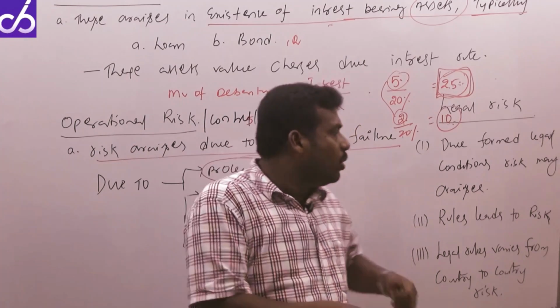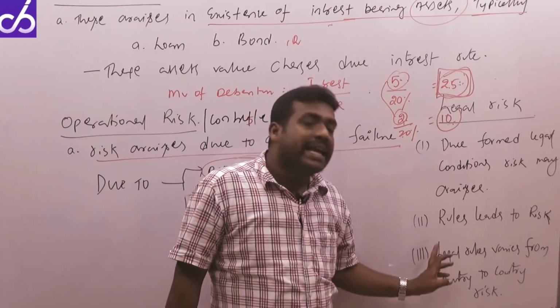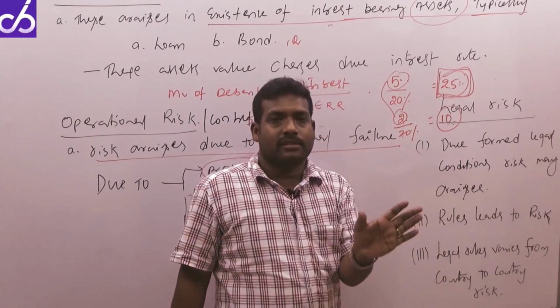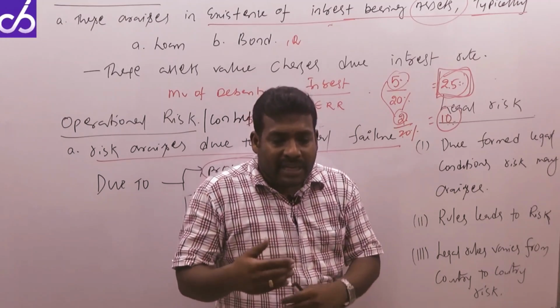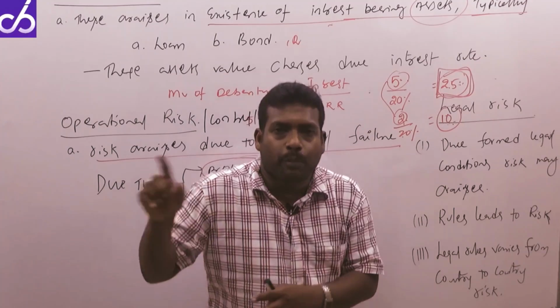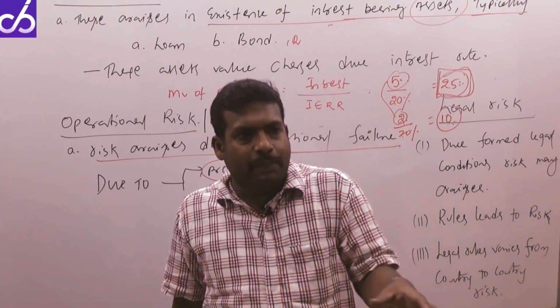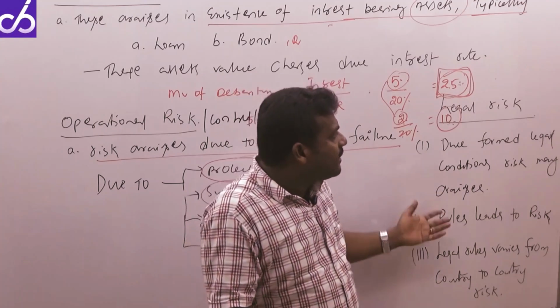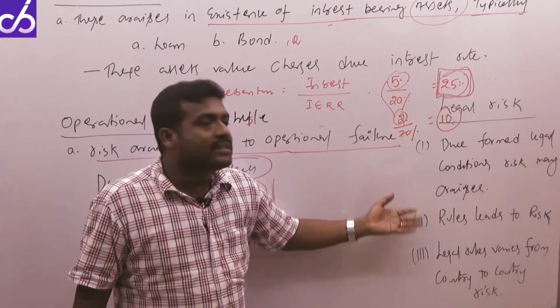Because of the new rule, it may cause risk to the company. Such a risk is called legal risk. Whenever a country updates its rules, regulations and procedures with respect to products, people or authority, and because of that any risk arises to the company, that is called legal risk.